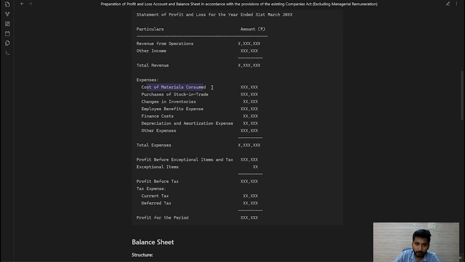Expenses become the cost of the materials consumed, purchase of the stock in trade, changes in the inventory, employee benefit expenses, finance cost, depreciation and amortization expenses, and other expenses. This becomes the total expenses.